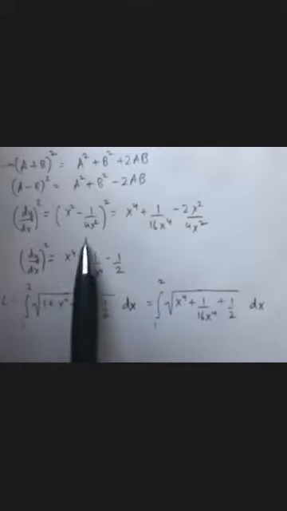Now if you observe this identity written here, a plus b whole squared, x fourth is x squared, 1 over 16 x fourth is 1 over 4 x squared. And when we had minus here, we got a negative half, but now we have positive half.